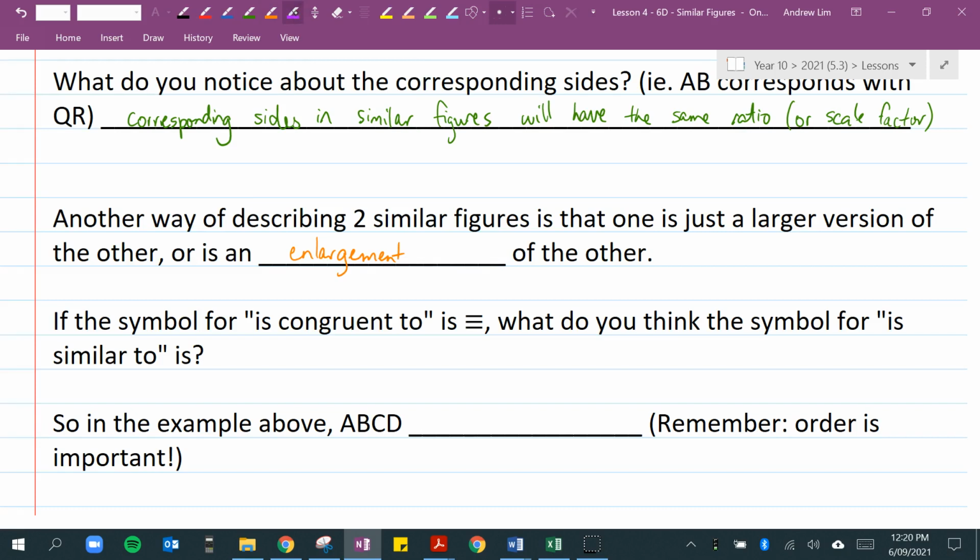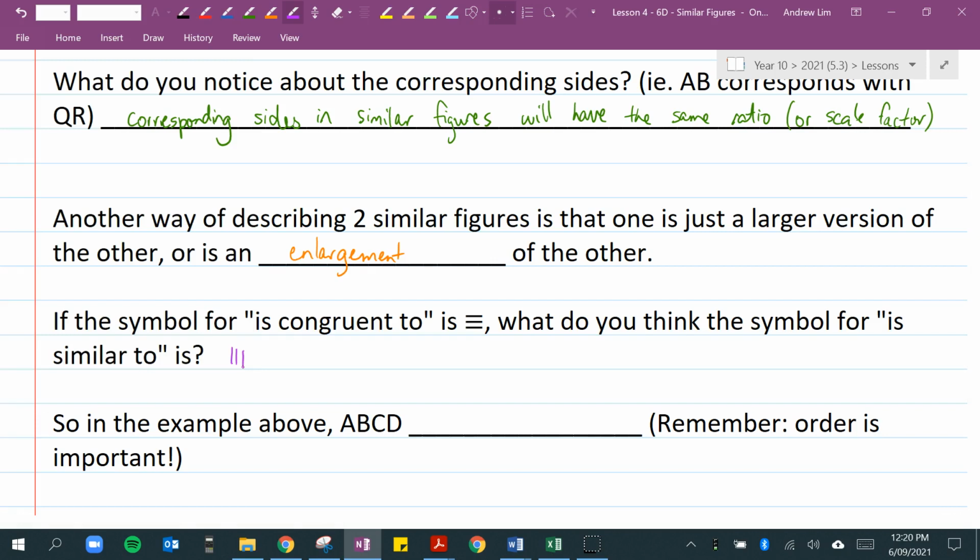Might give you some time to guess. Well, the symbol for is similar to is also three lines, but instead of being horizontal, they are three vertical lines. So similar to congruent is just the other way around, just rotated 90 degrees.